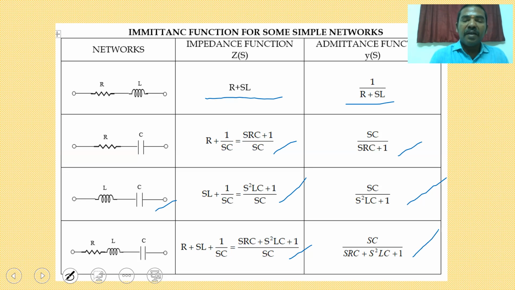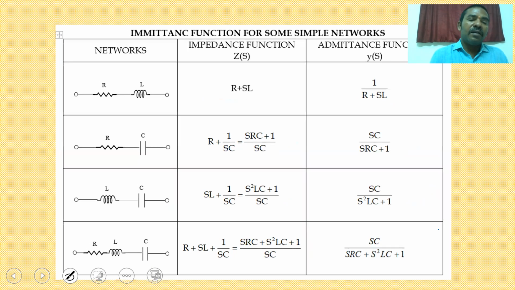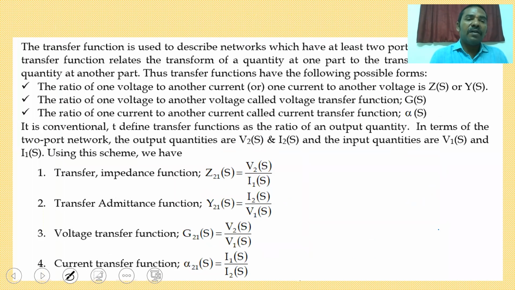So similarly, for transfer impedances: if it is a two-port network, two pairs of terminals must be there. So Z21 of s is equal to V2 of s by I1 of s.